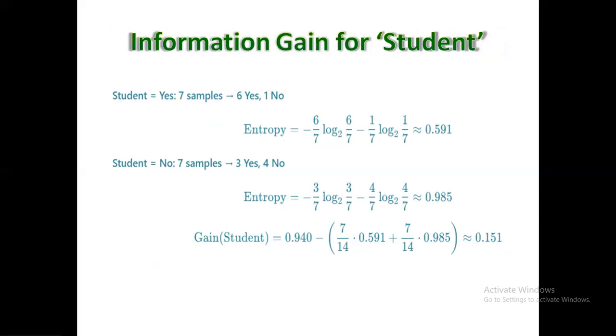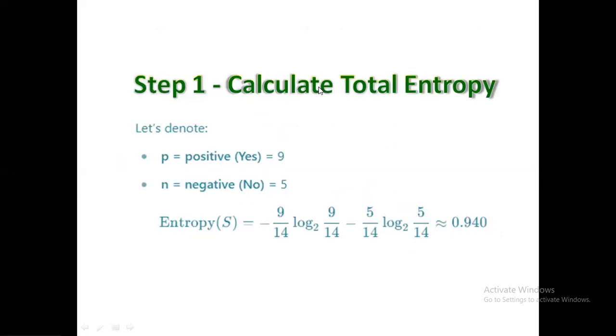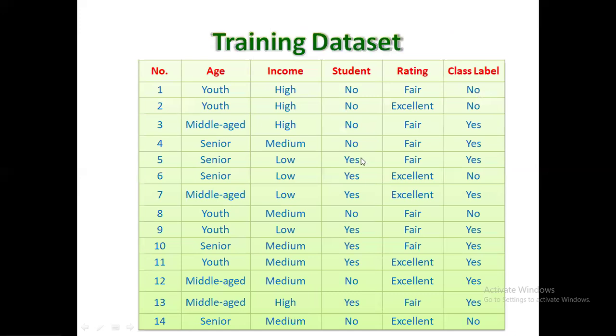The remaining values are 7 samples, of which 6 are yes, and the remaining value is no. So if you are finding the values that are yes alone, in those 7 samples, 6 are yes and 1 is no. If you are taking yes alone, 1 2 3 4 5 6 7, all are yes except this value. Here alone we are getting 1.